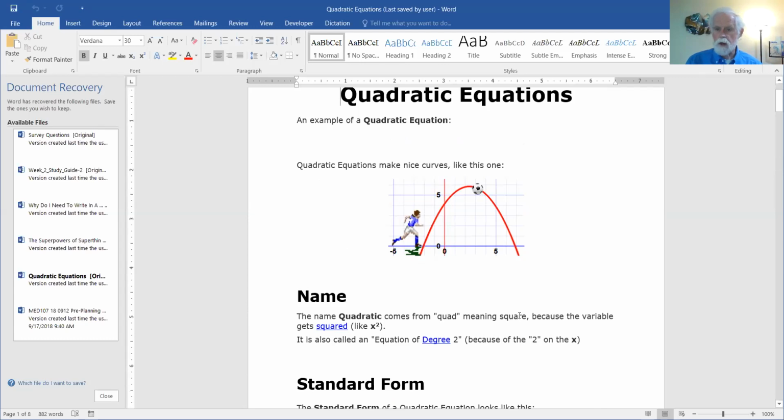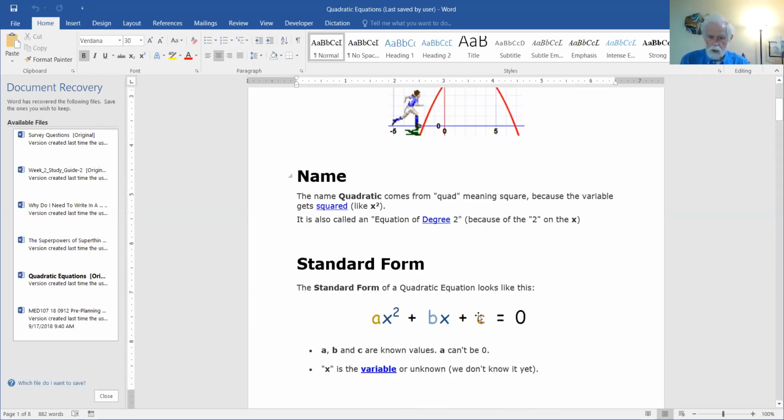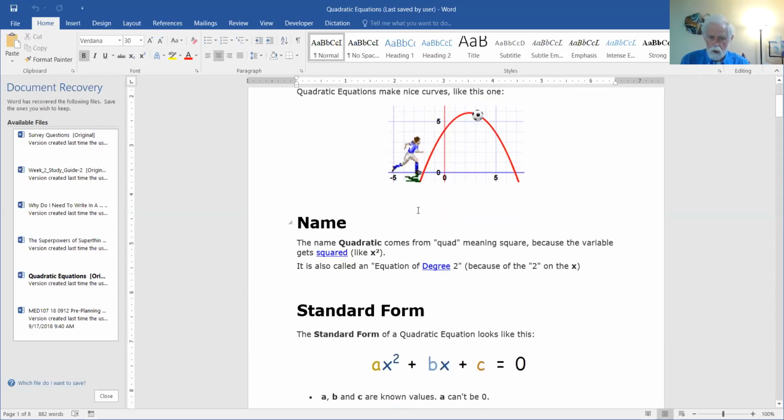Pick another value of x, calculate y. The easiest one to calculate is x equals 0, because the value of y is whatever the value of c in the standard form is. You plot this out and you'll find that it forms what we call a parabola.